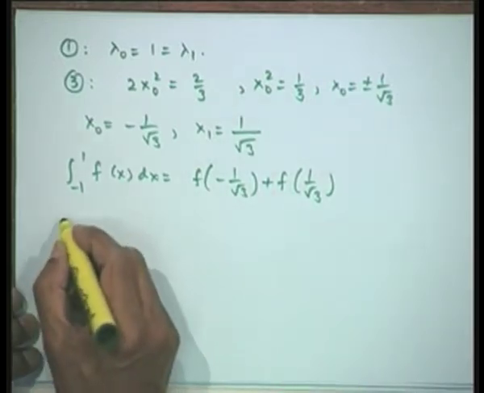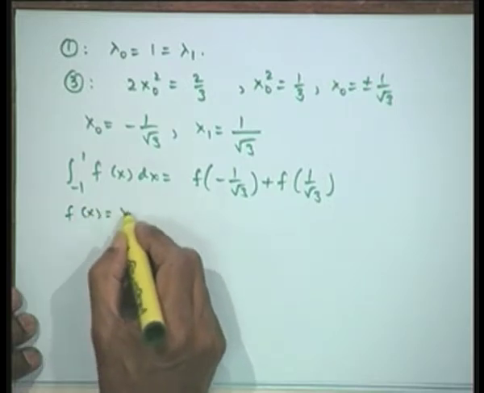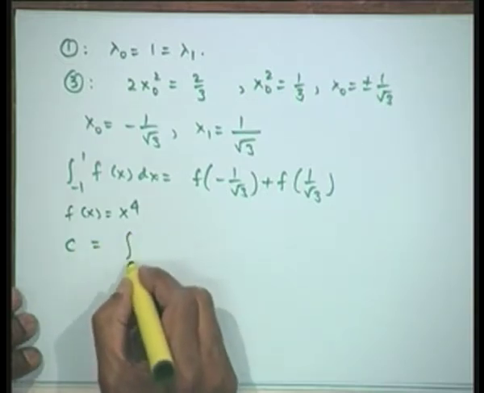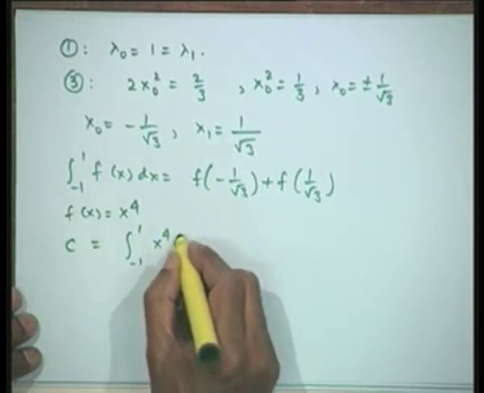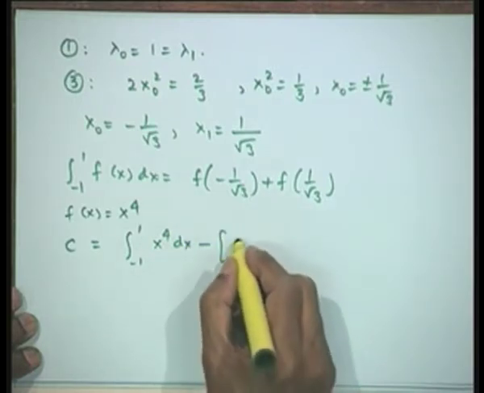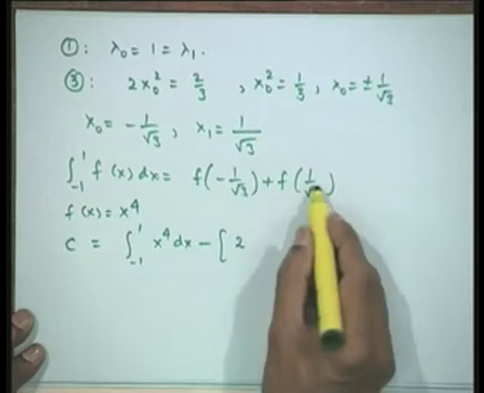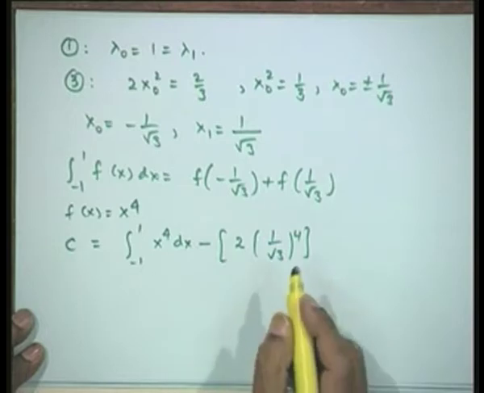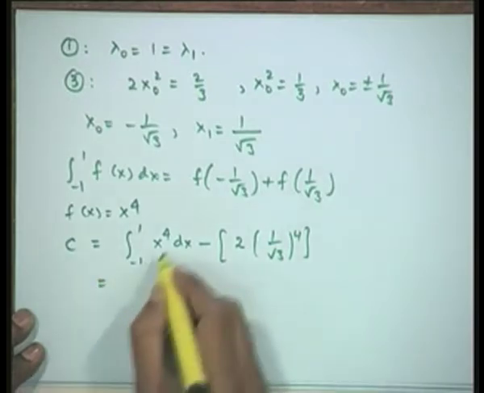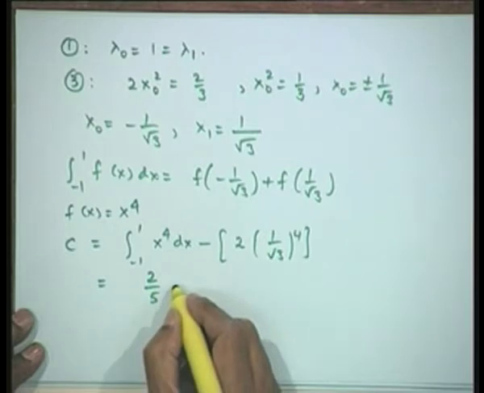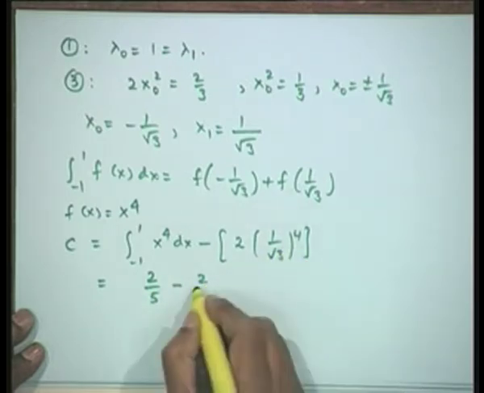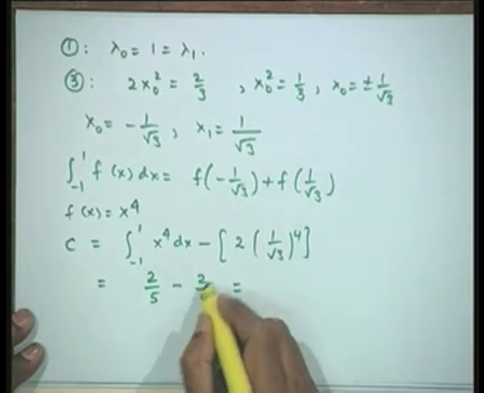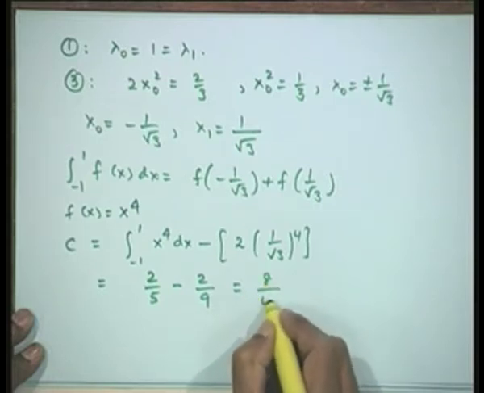Now, let us take the error term. So, I have to take f(x) equal to the next power, that is x to the power of 4, and therefore, the error constant c would be the integral from minus 1 to 1 of x to the power of 4 dx minus, since x to the power of 4 is even, both will be equal, 1 upon root 3 to the power of 4 each. This is x to the power of 5 by 5, therefore, 2 by 5 minus 2 by 9, that is equal to 18 minus 10, that is 8 upon 45.